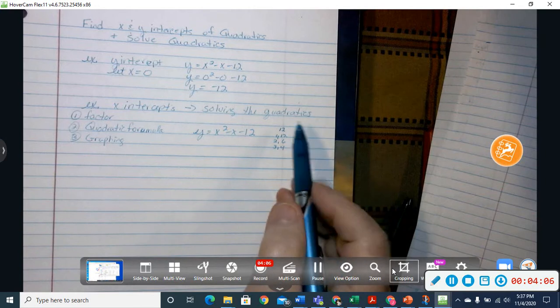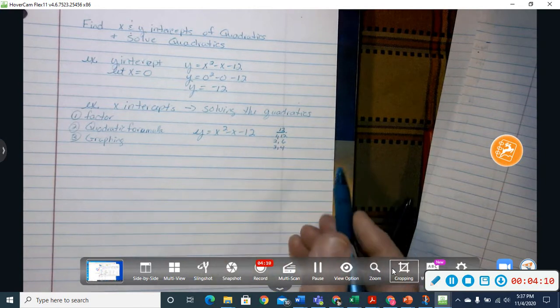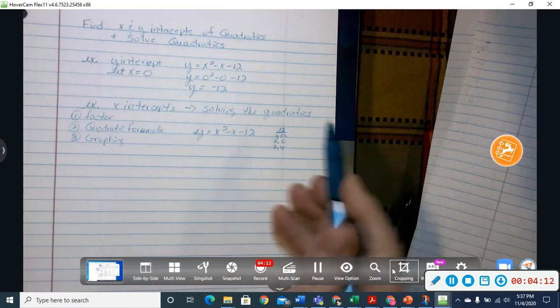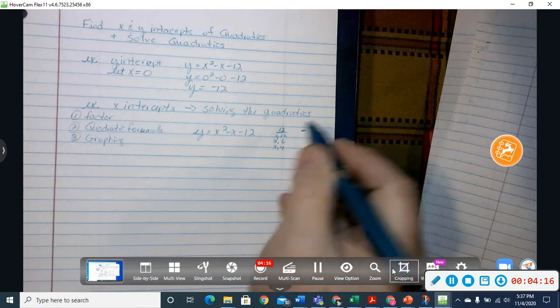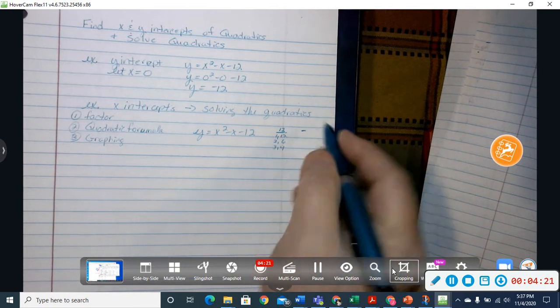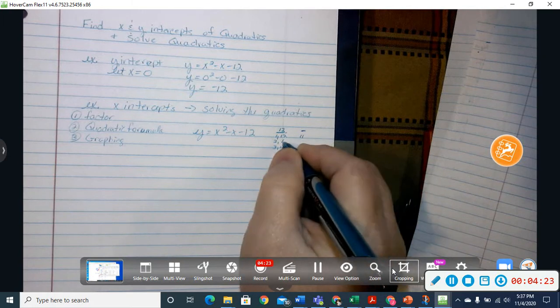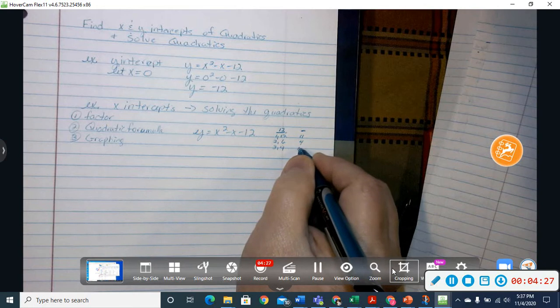The next thing you have to think about is the sign of that last term. Because that last term is negative, we have to subtract the two factors. And so when we subtract 12 minus 1, we get 11. 6 minus 2, we get 4. And 4 minus 3, we get 1.